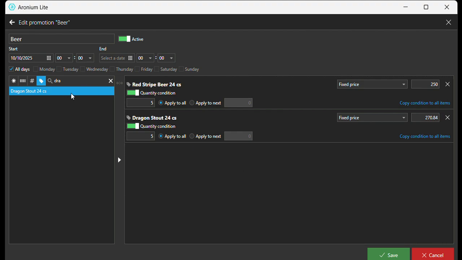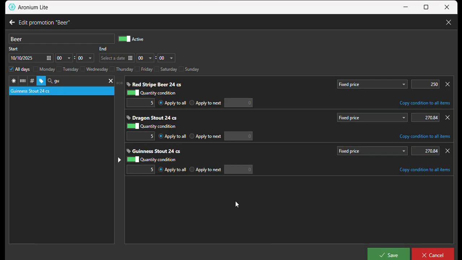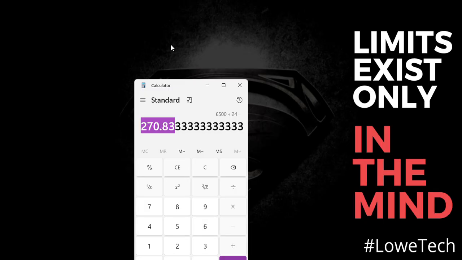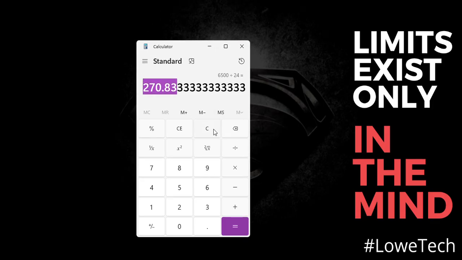The next item we have on the list is guineas. Now the same thing we're going to do right now. We'll use fixed price. Guineas is 7,000 for the case.